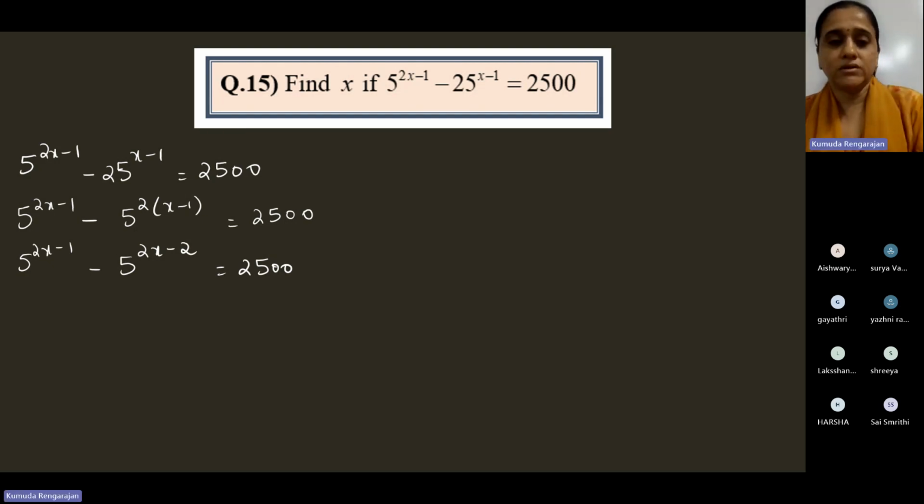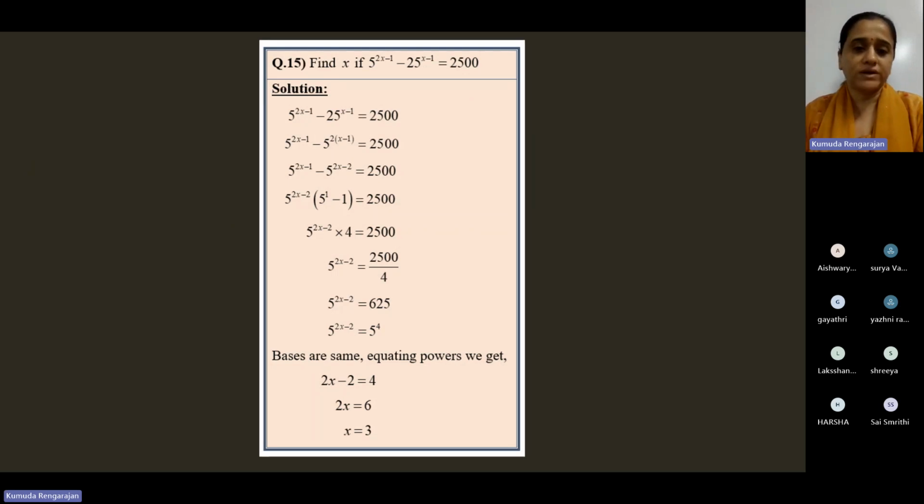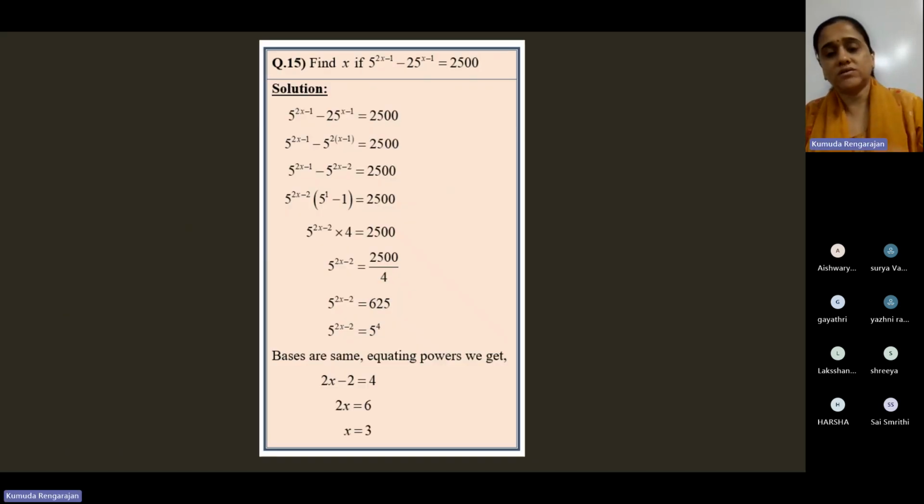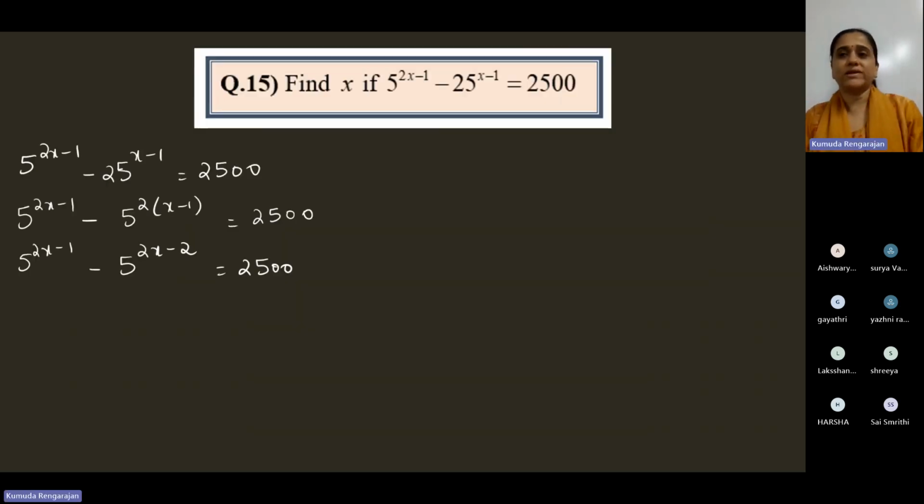When we did this sum earlier, we took out 2x minus 2 common. Now let's take out 2x minus 1 common, 5 to the power 2x minus 1 common. So in the bracket, you will have 1 minus.